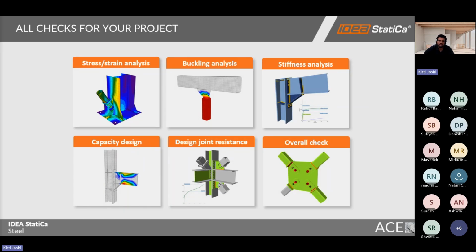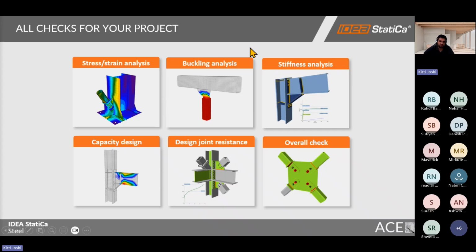It performs the stress strain analysis by default, where the strain check of the plates with the code check of the components is performed by the elastic plastic analysis. Next is the buckling analysis, which calculates the buckling factor to verify whether the plates or the parts of the joint are too slender.